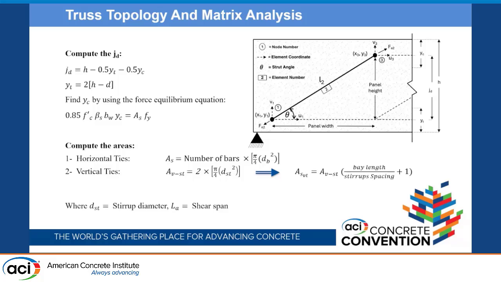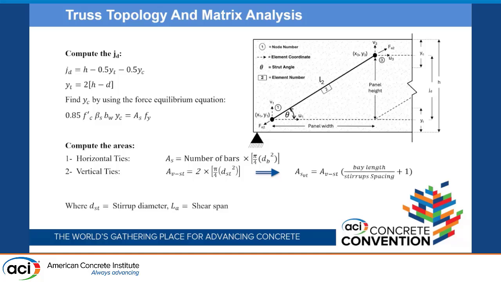And the height of the tie element, half of it, or the full amount, is easy to calculate. And the height of the horizontal strut can be found from the equilibrium equation at ultimate.